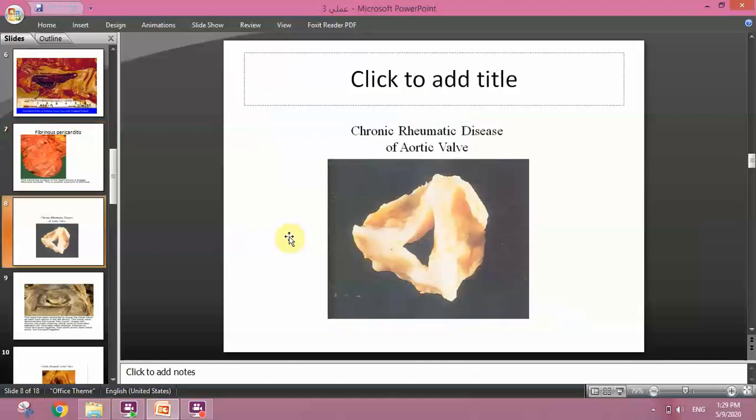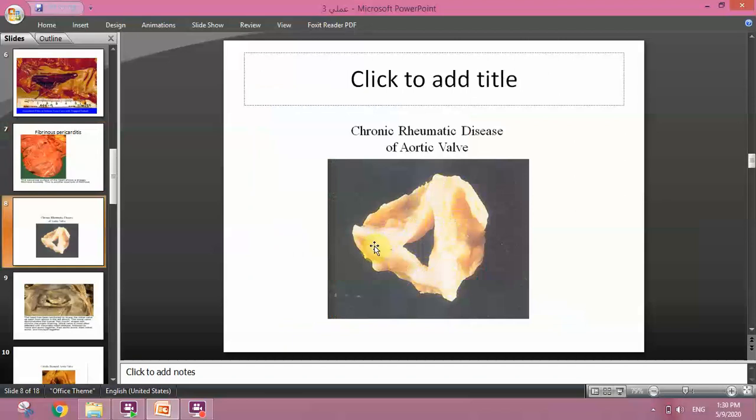This is the gross picture of the aortic valve in chronic rheumatic heart disease. As we mentioned in the lecture, characteristically there is thickening and fibrosis of the valve.